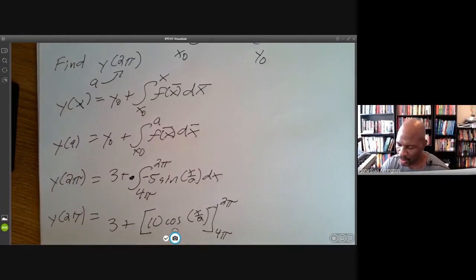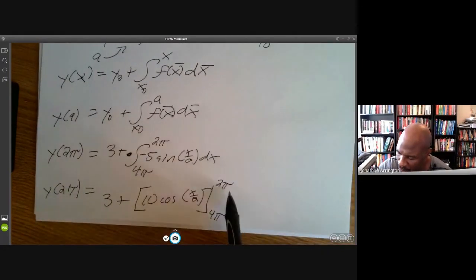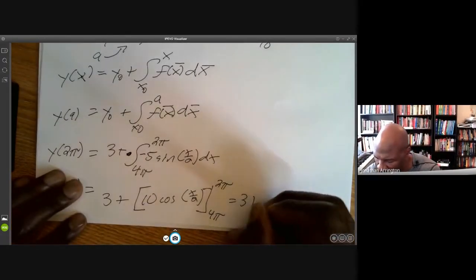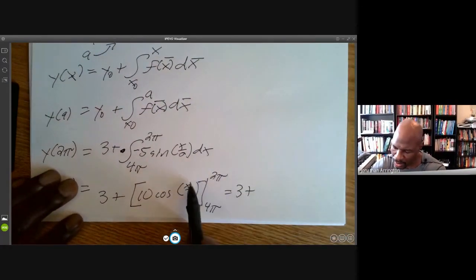All right, so far everything looks good. So let me first write 3 plus. If I plug in 2 pi for x, that's 2 pi over 2, which is pi.